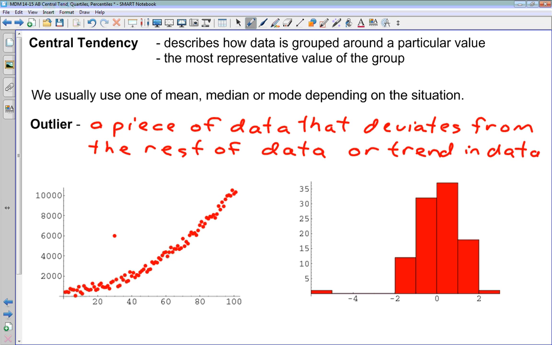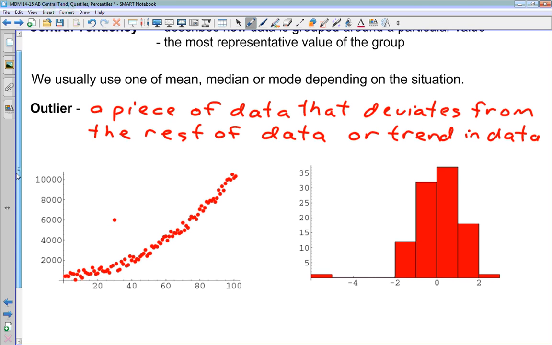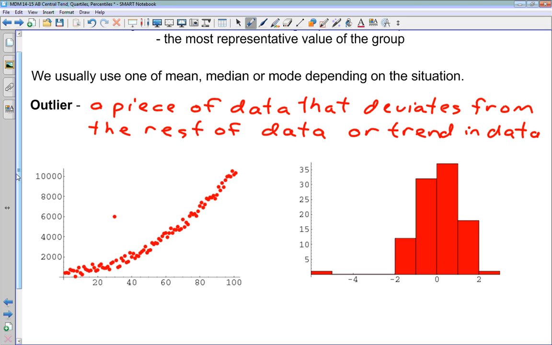So I've got two graphs here that show how outliers pop up in both scatter plots and in histograms. In our scatter plot, I think it's pretty clear that this point right here is our outlier. We've got a nice smooth trend here. We would probably do a quadratic regression to this data.